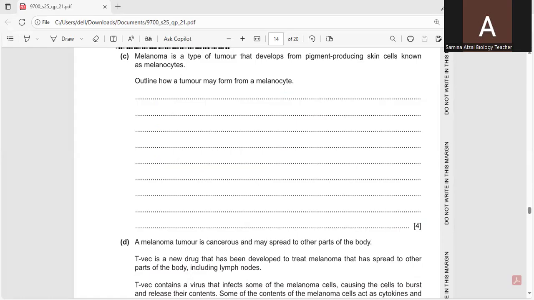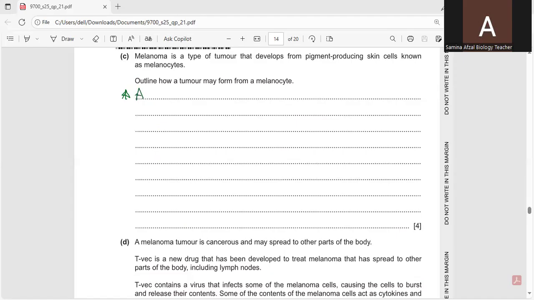So here in this case, a tumor forms through a multi-step process involving accumulation of genetic mutations. So when a tumor is formed from a melanocyte, different steps take place during the formation of this tumor. So the first step is a process of mutation.